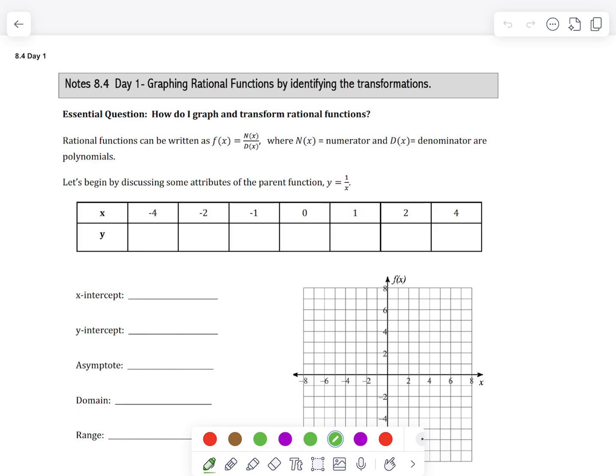So let's go ahead and begin by graphing the parent function, which is y equals 1 over x. We're going to evaluate for values from -4 to +4.